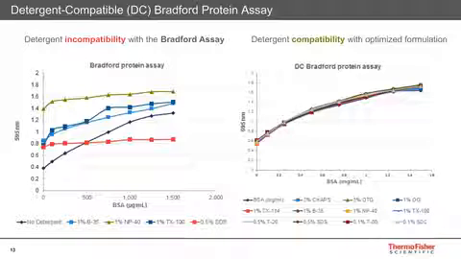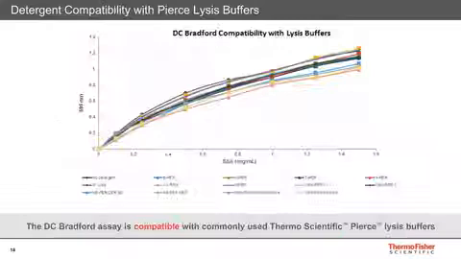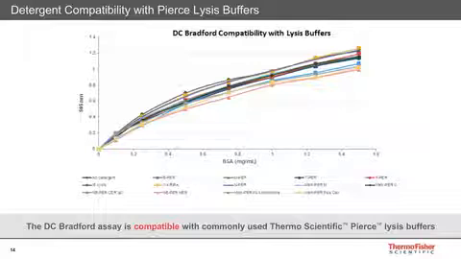But as you can see, when we add detergent to the sample, the curves go all lopsided. But with our detergent-compatible protein assay, we can see on the right that all the curves merge and look exactly like the curve with no detergent.